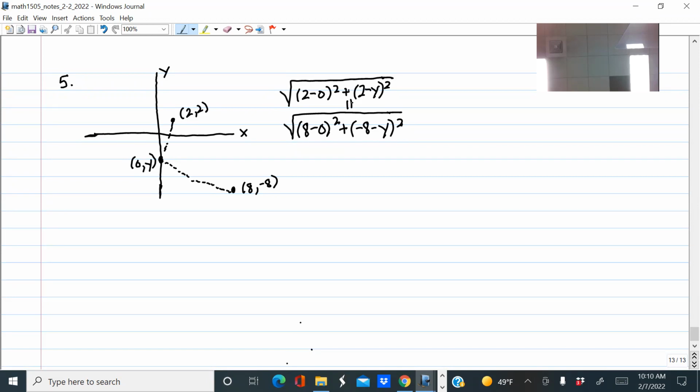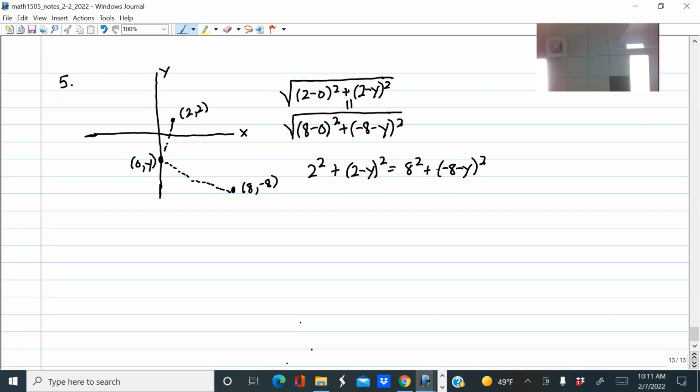In this particular case, to solve this, let's square both sides of the equation, and so we would get 2 squared, because 2 minus 0 is 2 squared, plus 2 minus y squared is equal to 8 squared plus the minus 8 minus y squared. So I'm just erasing the square roots, essentially. And now let's simplify both sides of the equation.